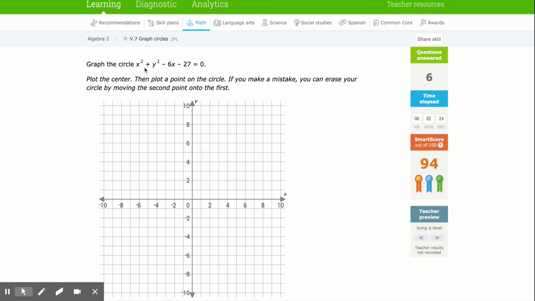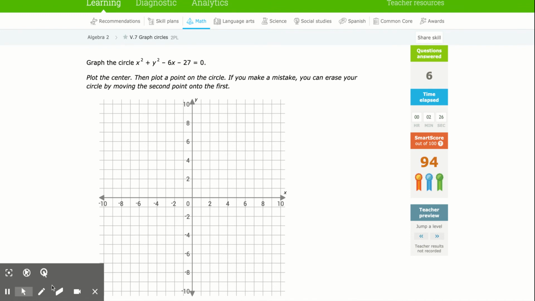Now here's one where you're going to actually have to complete the square on the x terms. So just remember how to do that from the previous lesson. I'm going to do a parentheses x, and I have a -6x term, so that's going to be a -3 squared. But be careful here. I'm going to bring the 27 to the left. I added it over.